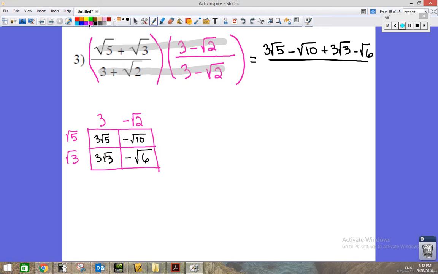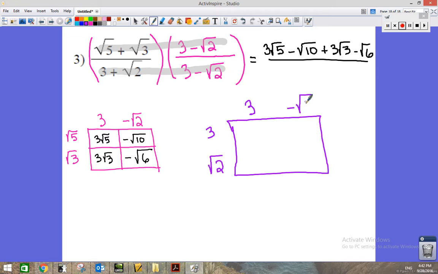So let's make a table. My first binomial, let's put it on the side, and the other binomial across the top. We'll do a horizontal and a vertical line. So let's come in and multiply and get the inside entries of our table.